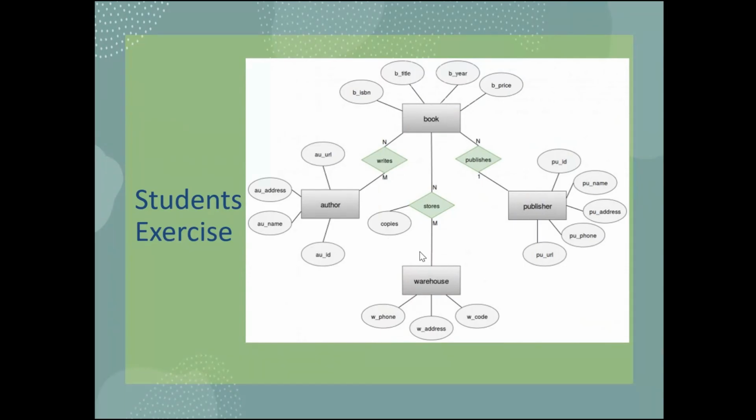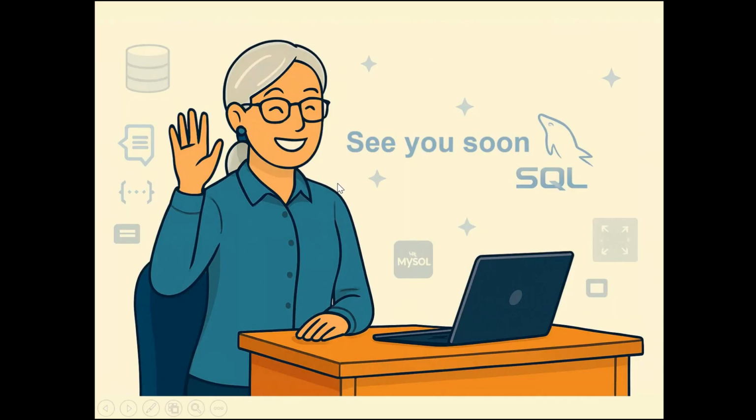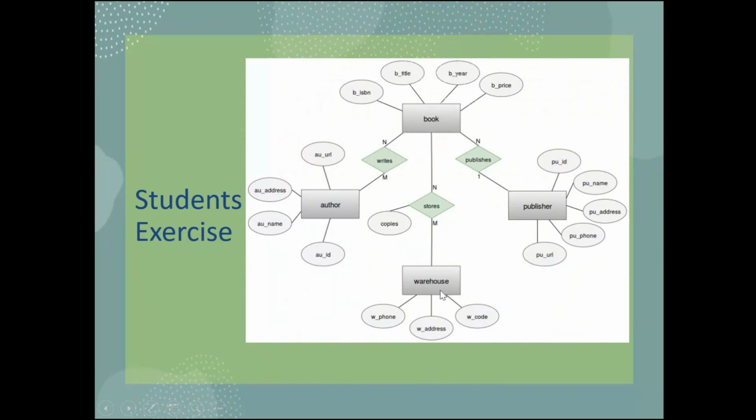Here you have different entities. I already presented it, so I'm so sorry. Here you have the entities and the relationships. For each entity, we have several attributes.